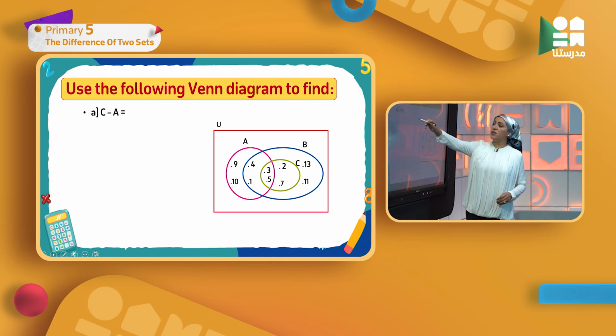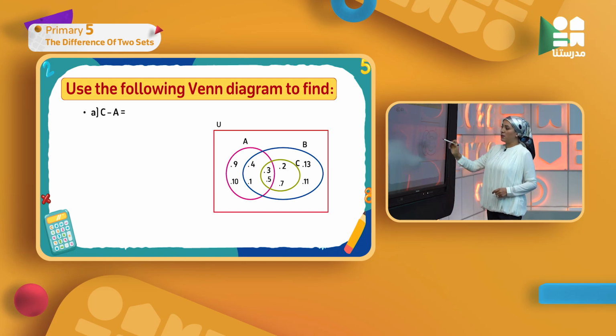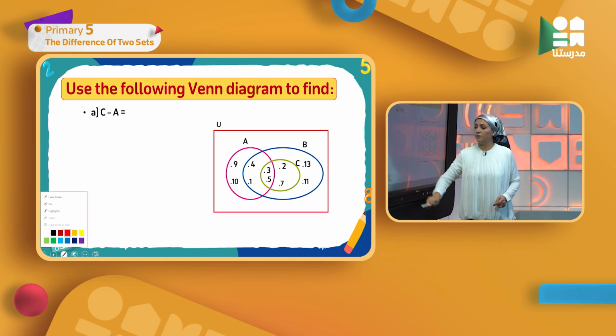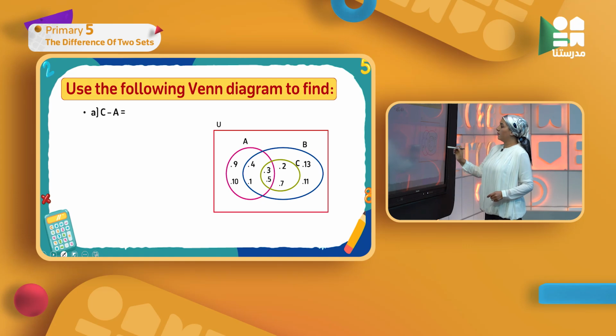Now, I want to know C difference A is equal to what? C difference A. This is the set C, and I want the answer. C difference A in what?